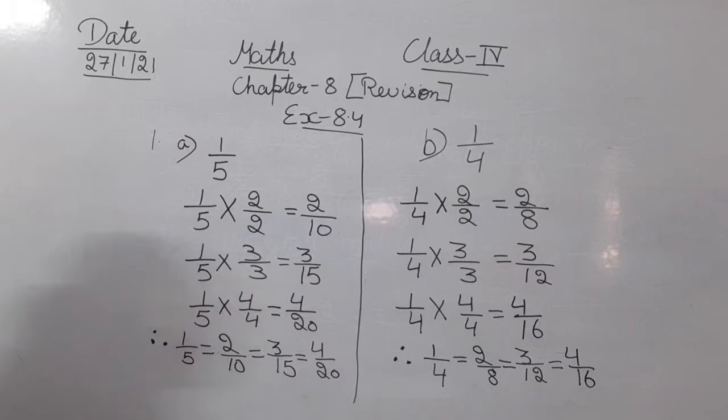Clear? So this is the solution of the A and the B part from question number 1 of exercise 8.4. Okay, you can pause it here and note it down in your notebooks very neatly.